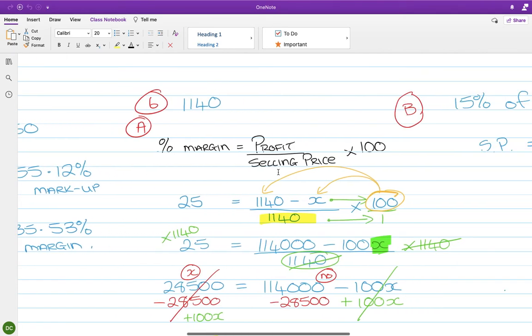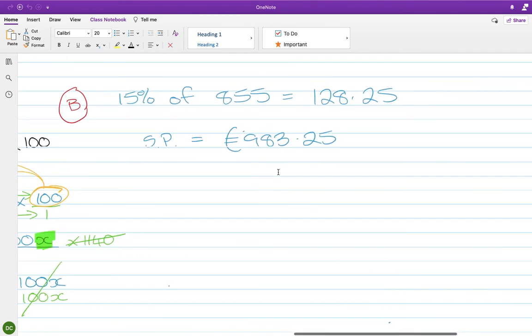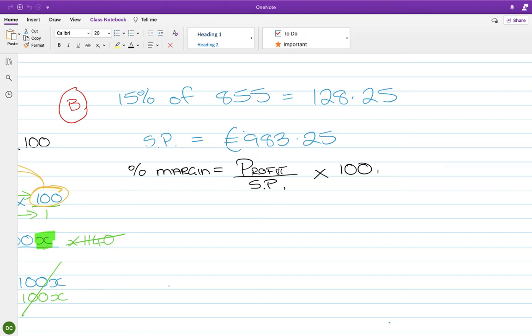What is the new percentage profit margin? So I'm using the same formula that I used to basically do the other question. It's the profit over, make sure you put it over the selling price, multiplied by 100. So the profit is 983.25 minus 855. So the profit is, oh yeah, I worked that out, 128.25.